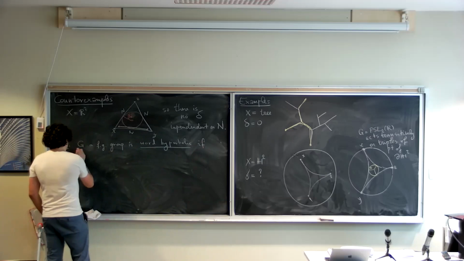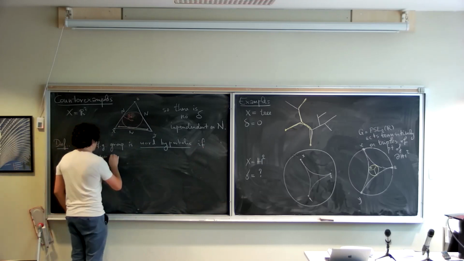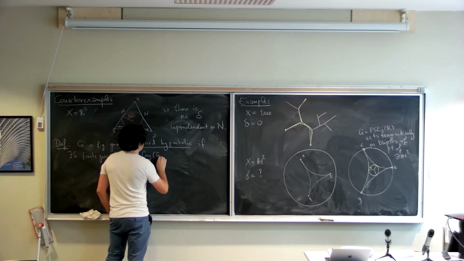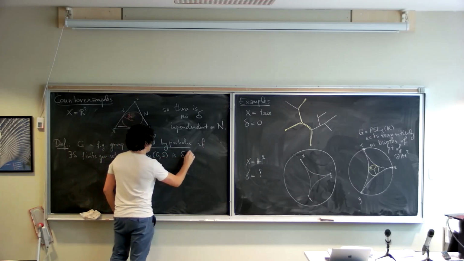So if there exists some finite generating set S such that the Cayley graph of G with respect to S is delta hyperbolic.